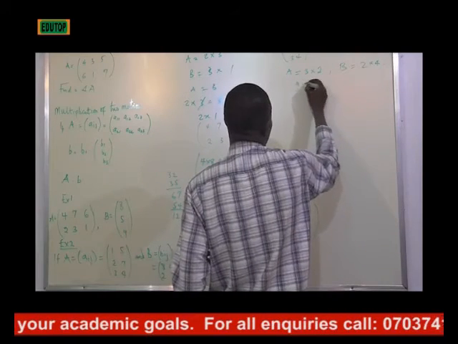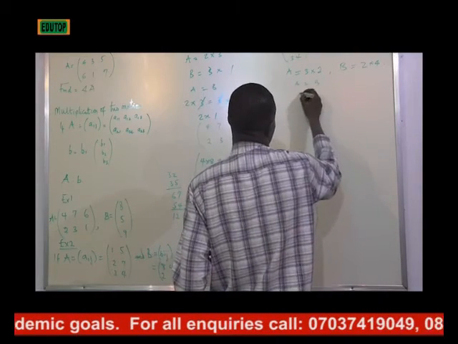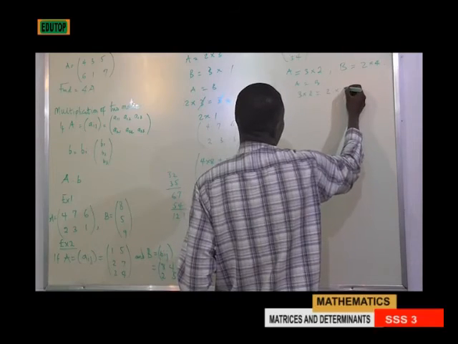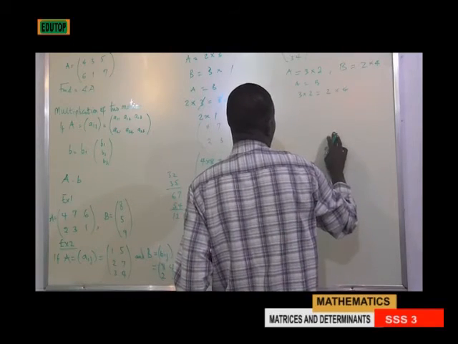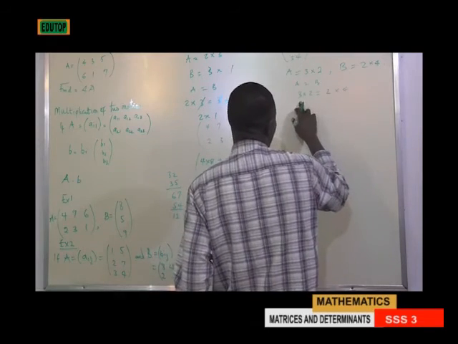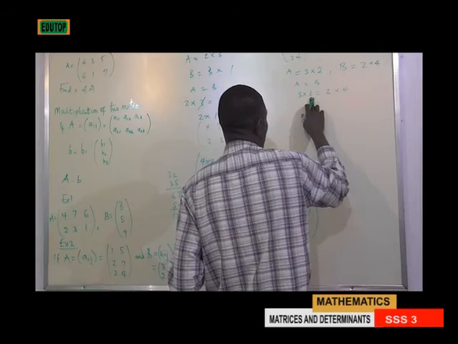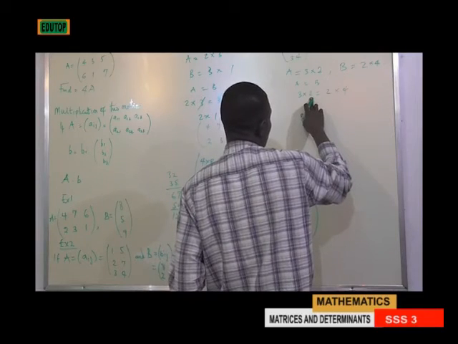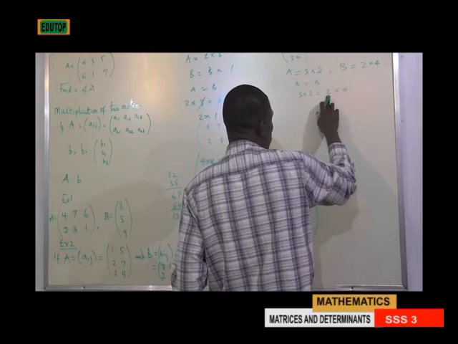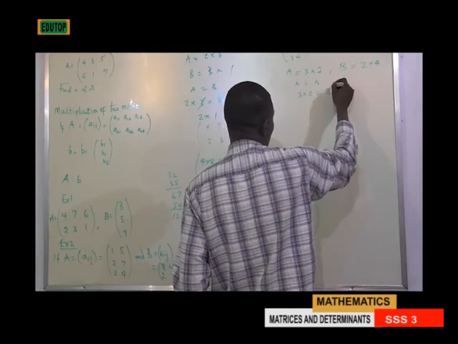So if A equals B, then we are going to have 3 times 2 equals 2 times 4. Here the number of columns in the first matrix is 2, and the number of rows in the second matrix is 2. So definitely they are equal.